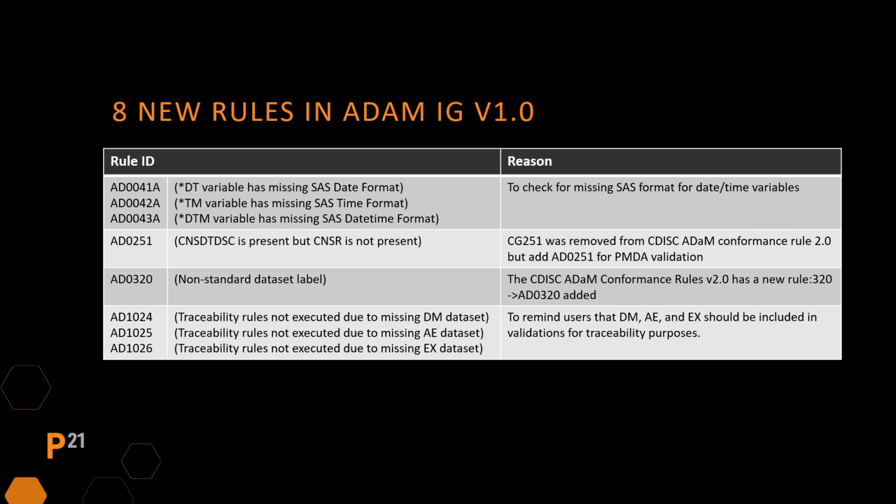SDTM data for date and time is usually in character, but in ADaM, the data are formatted to SAS numeric date time, and you need to add date and time formats for those variables. For AD0041A to AD0043A, this check is added to check if variables ending with DT, TM, DTM have a missing SAS format.